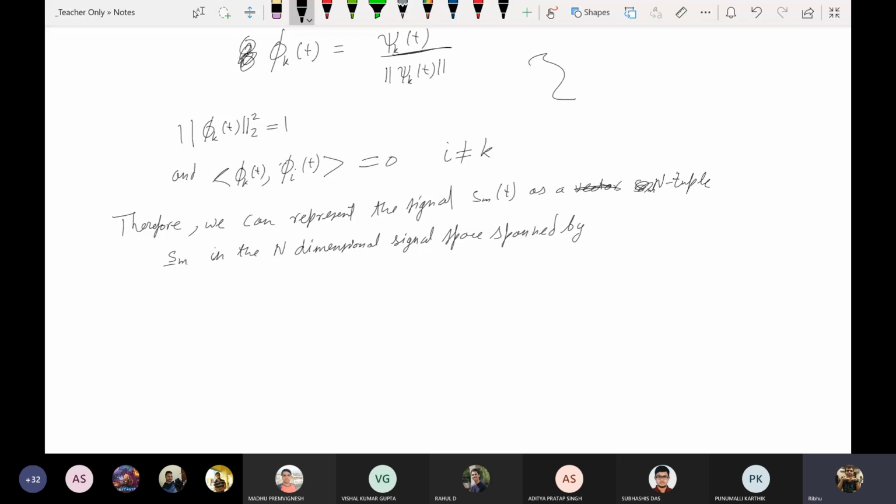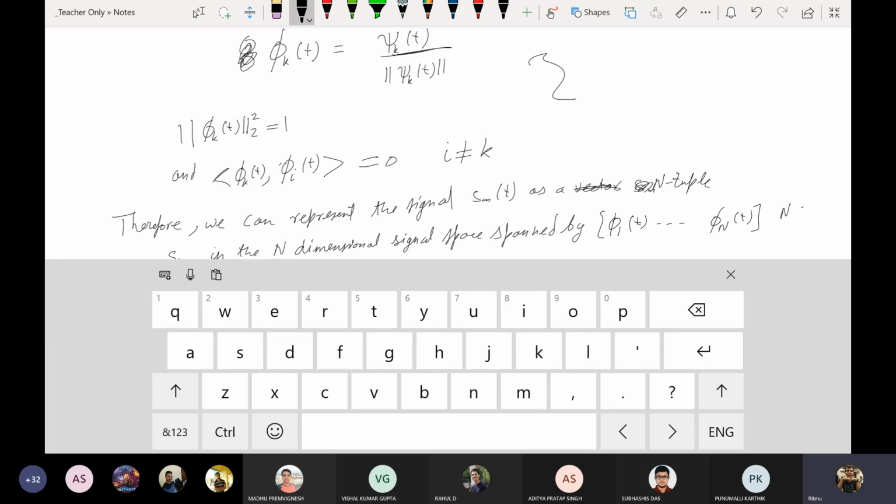So in the n-dimensional signal space spanned by phi1(t) to phi_n(t), where n is less than or equal to m.